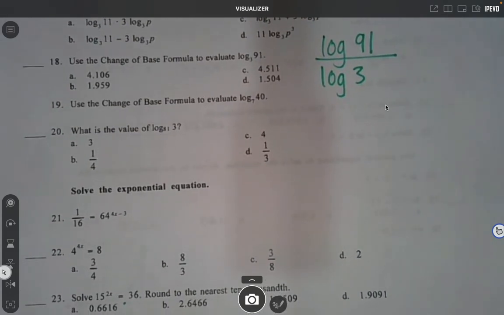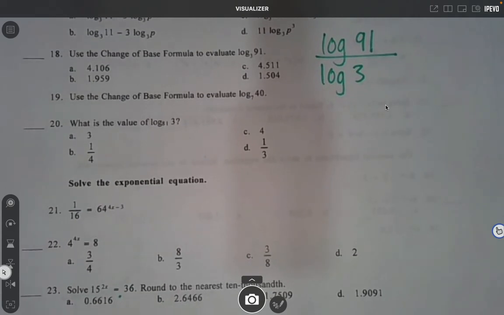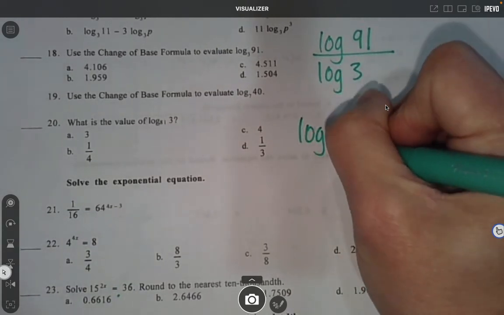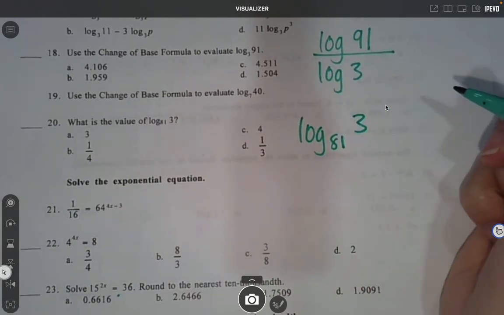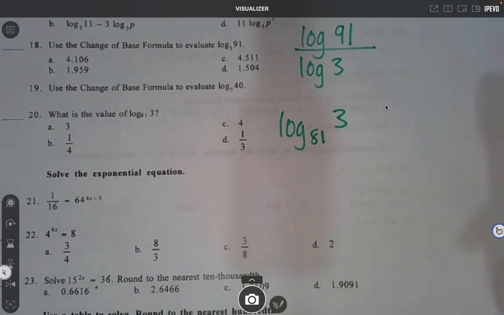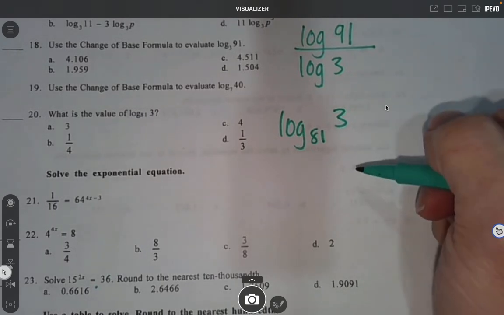All right, the next one, it says, what is the value? And it says log base 81 of 3. So do you split that in the calculator? You could do log 3 divided by log 81. I would do the change of base formula. I would just do log 3 divided by log of 81 and see what it gives you.